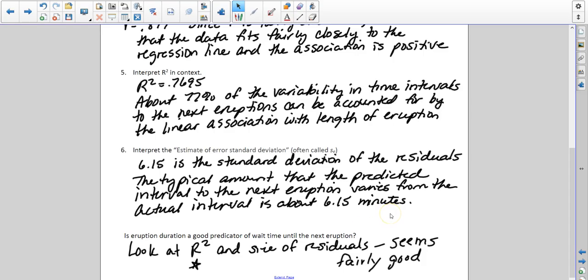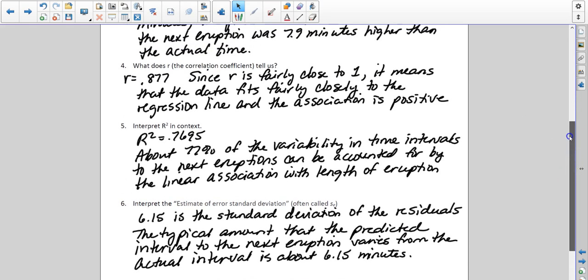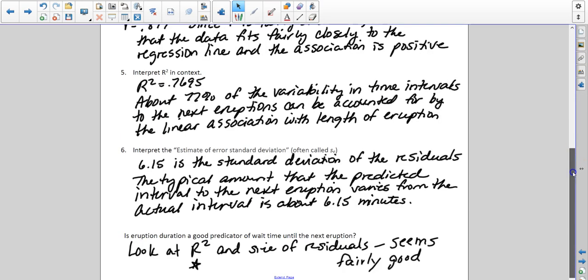Okay, so the next thing, is eruption a good predictor of wait time until the next eruption? Okay, so we want to look at how much variability there is. The standard deviation of the residuals is about 6.15 minutes. About 77% of the variability in the time intervals to the next eruption can be explained by the duration of the eruption.